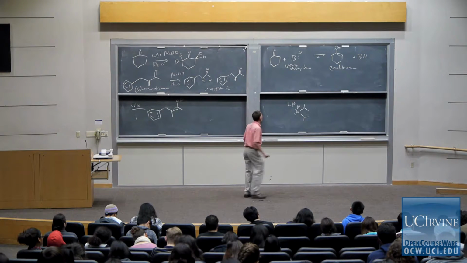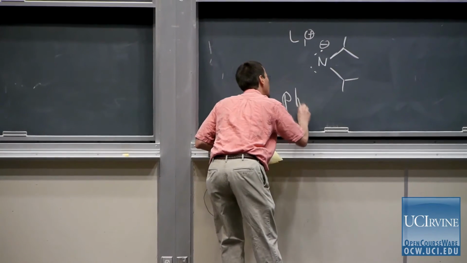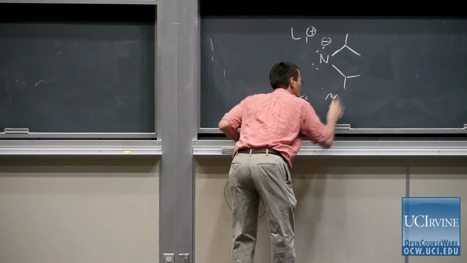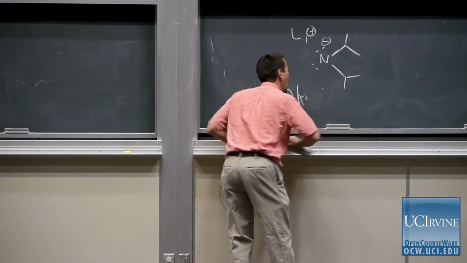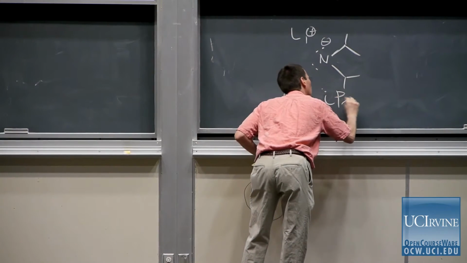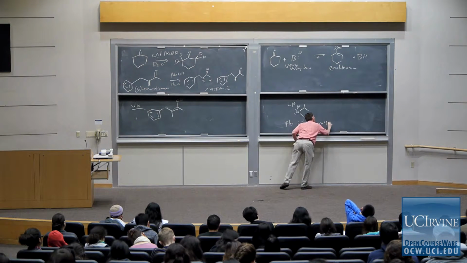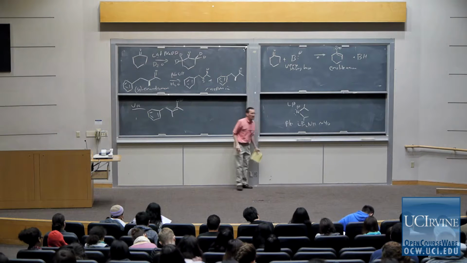The pKa of the conjugate acid, the pKa for diisopropylamine, is about 40. So I'll write pKa of iPr2NH, a nice shorthand, approximately 40.